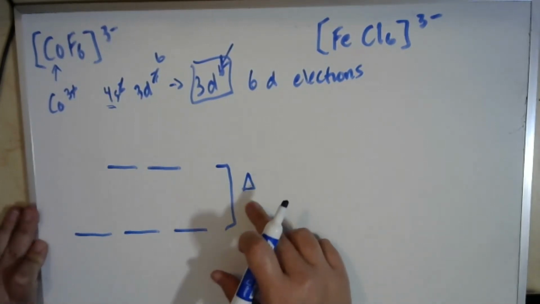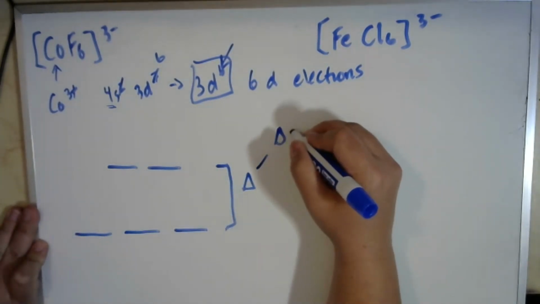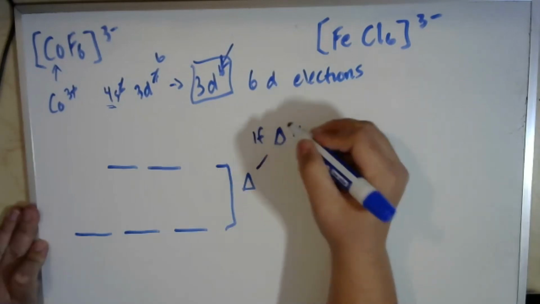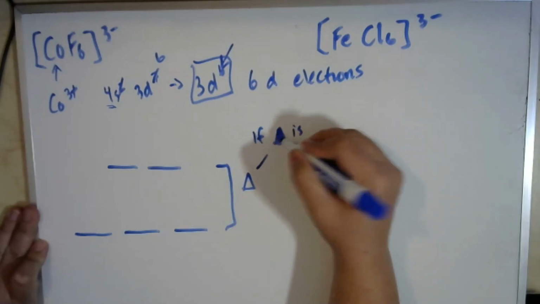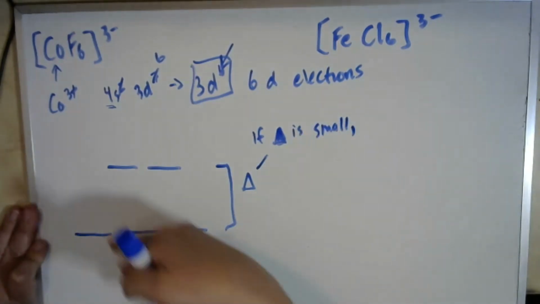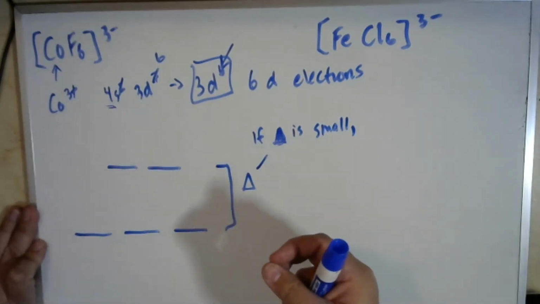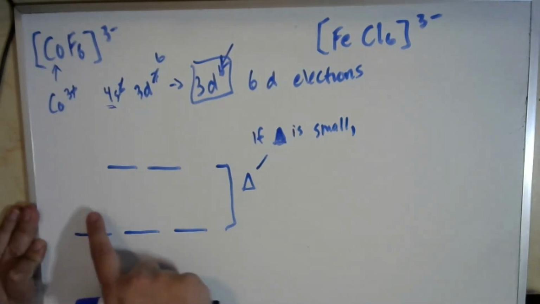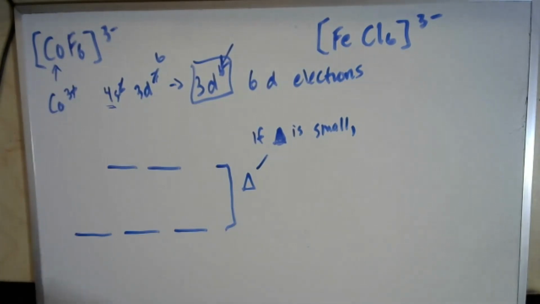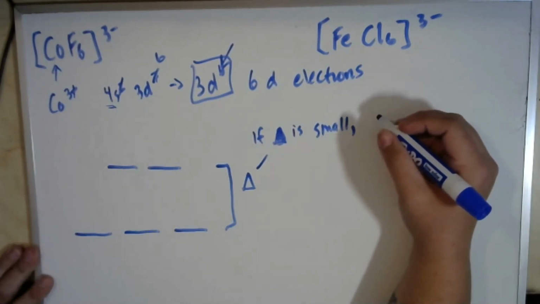When your crystal field splitting energy is small, let's say if delta is small, your electrons are able to spread out because the energy difference between the 2 levels is negligible. And so your electrons can just spread out and follow the ordering rules that you've already learned about. And you end up with what are called high spin complexes.